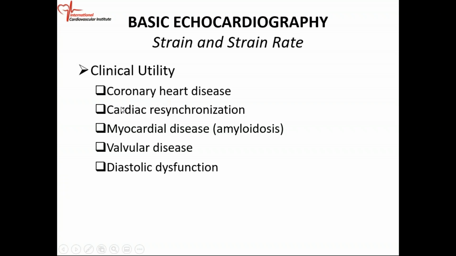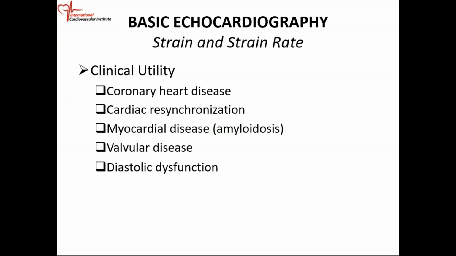Resynchronization, and we'll discuss what resynchronization is. But roughly speaking, if the heart is dyssynchronous, that is, different areas are contracting at different times, the heart is going to be inefficient as a pump. If somehow we could synchronize the contraction of the heart, then we could have a more effective heart as a pump.